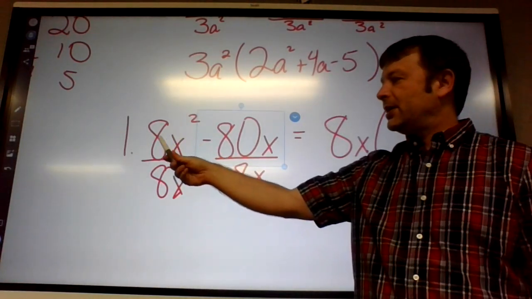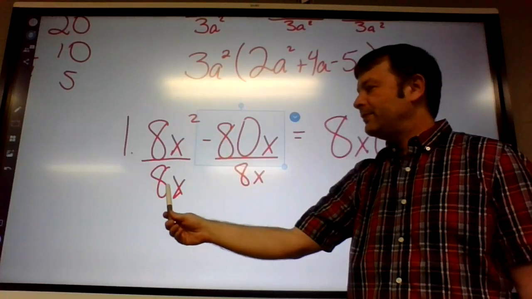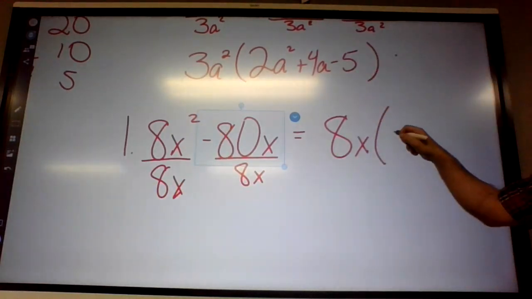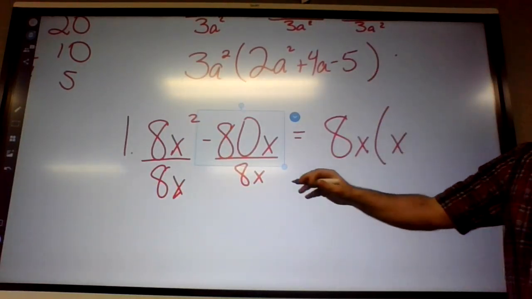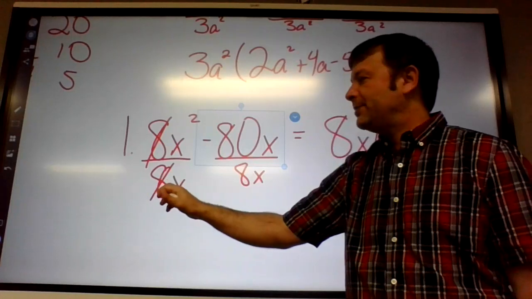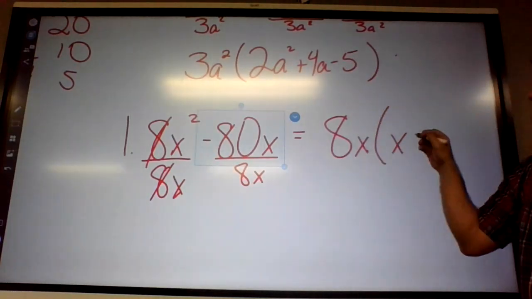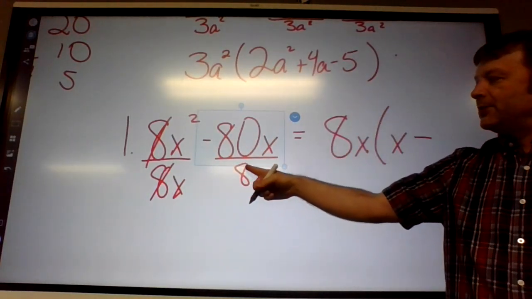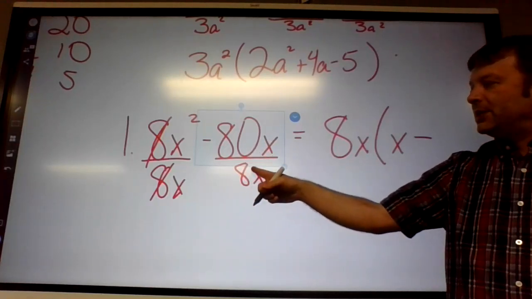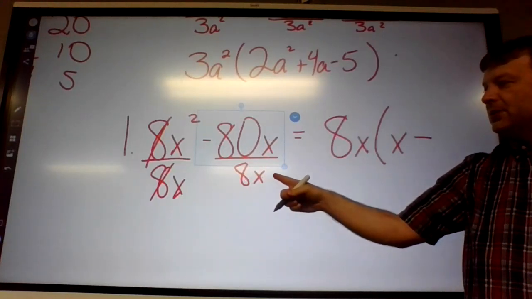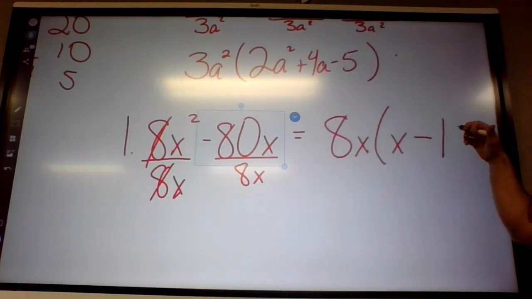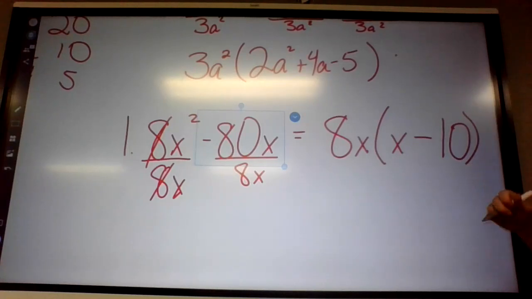What's this first term, Allison? 1X. So the 8 and the 8 cancel out, become a 1, but x squared divided by x is just x, minus, what will this become? 10. What happens to the x's? They go away. That's easy.